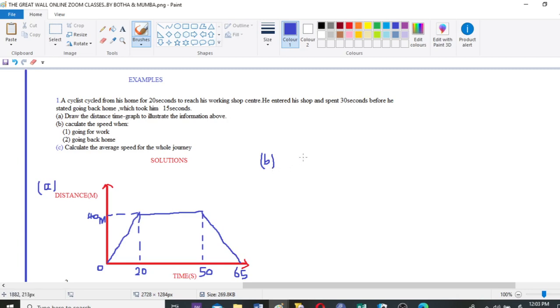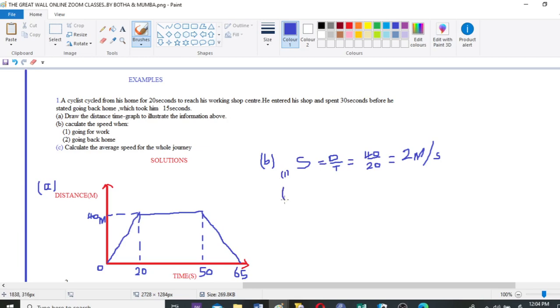We apply the formula speed is equal to distance over time, which will be the distance that this person has covered, 40, over the time, 20 seconds, which will give us 2 meters per second. So this is B1.